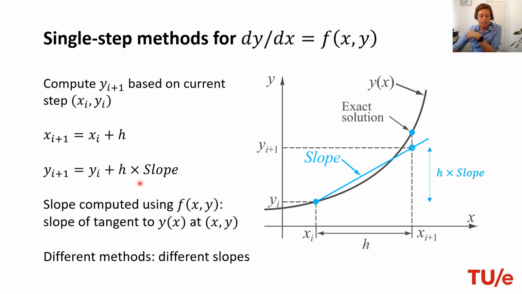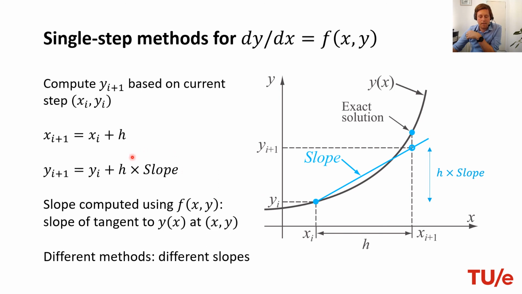Now, the slope will be computed using f of x and y, because this quantifies the exact tangent of the exact solution to the problem. So using f of x and y, we can make approximations to this slope.